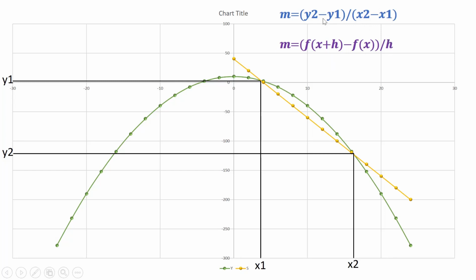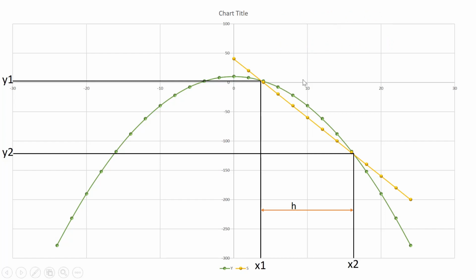So as we saw earlier, this difference is given by what is here. And this difference is given by h. So in our studies today, when we want to find the slope of a straight line, this is the formula that we are going to use. Let's keep it in mind so you can write it somewhere.